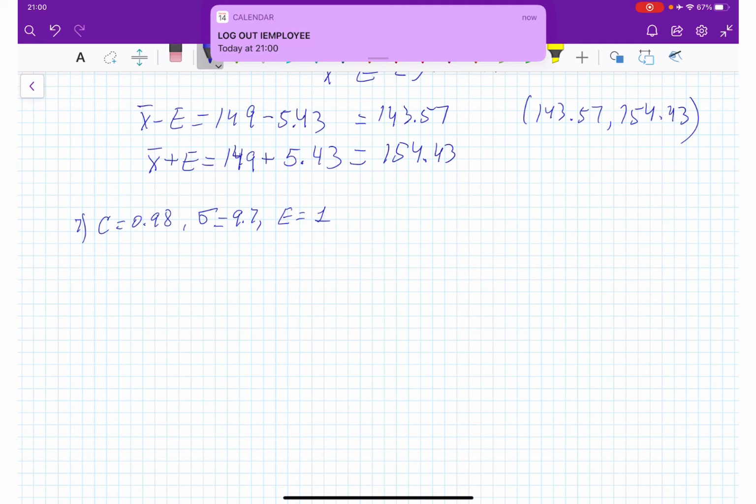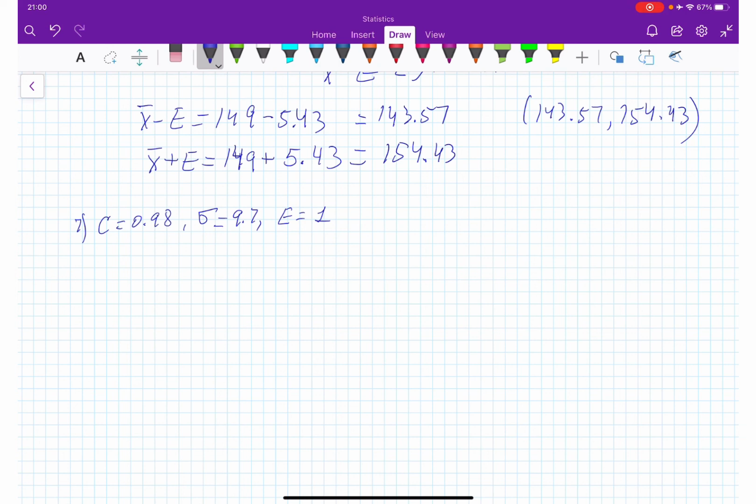So let's see what we're going to do. We need to find now the minimum sample size, n. All right, let's see how we're going to solve it.